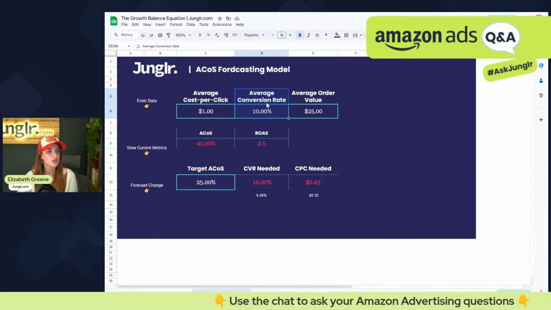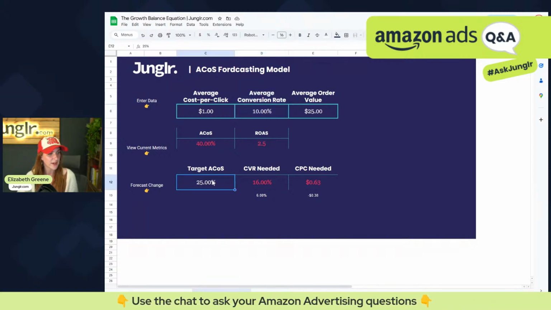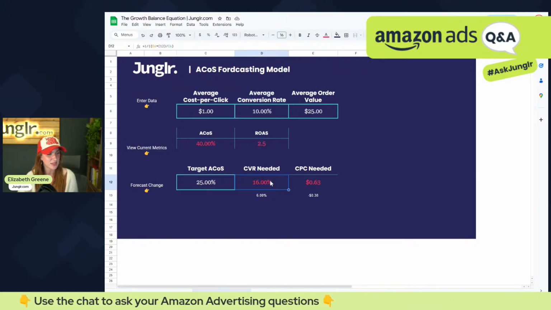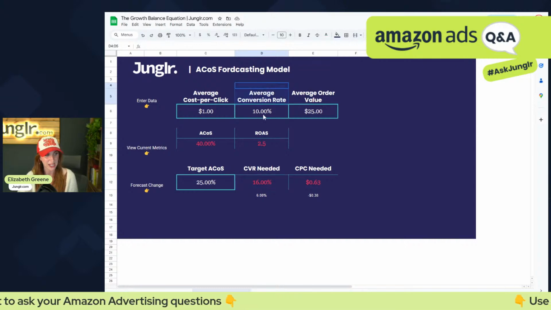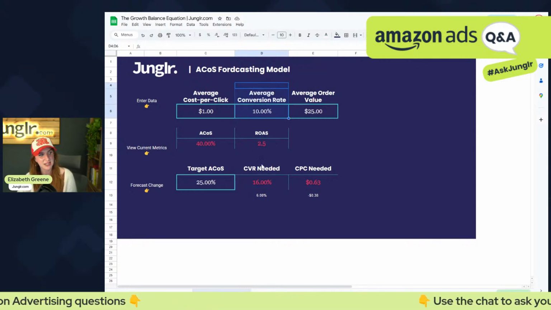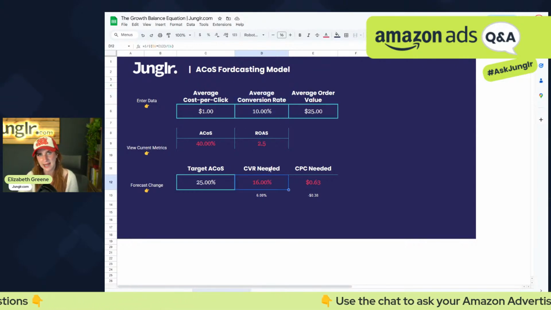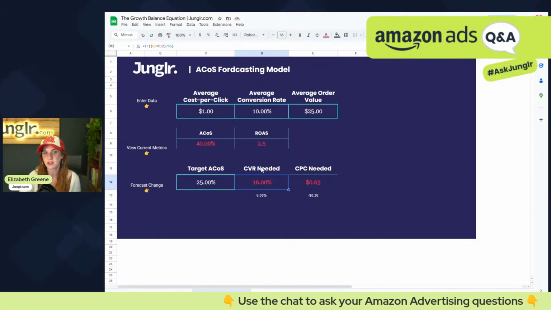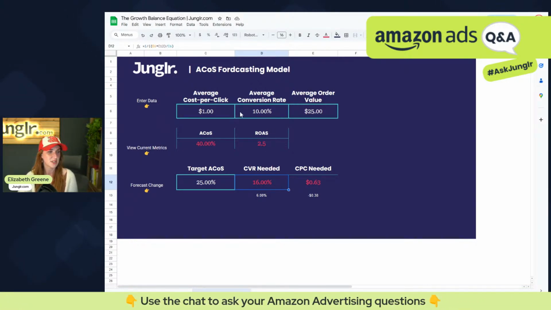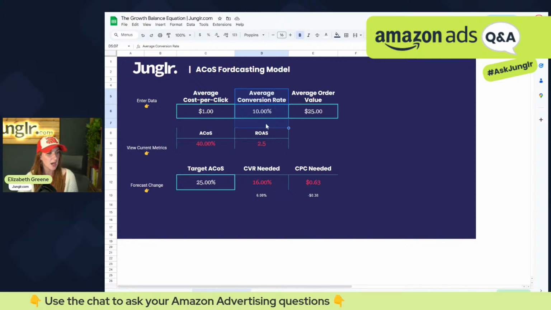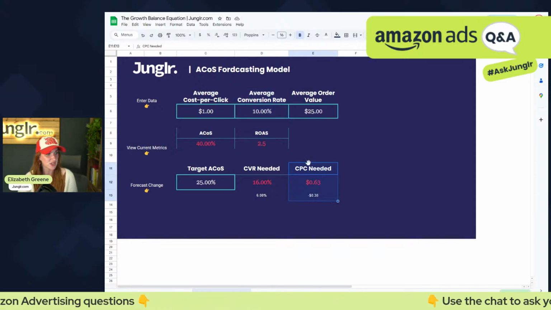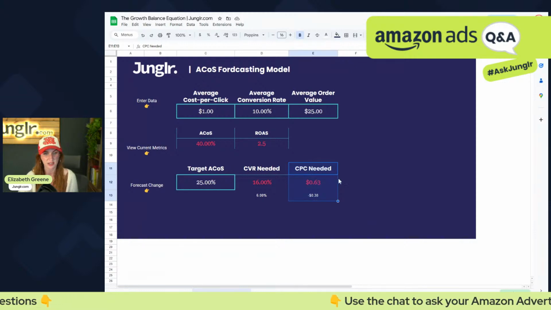So here, to get a 25% ACOS, I need a 16% ad conversion rate. It's probably going to be really hard for me to take a 10 to a 16 only by ad optimizations. I'm going to need to look at things like listing optimization to help increase this. But what we can do is, you're probably going to have to lean on dropping your cost per click.